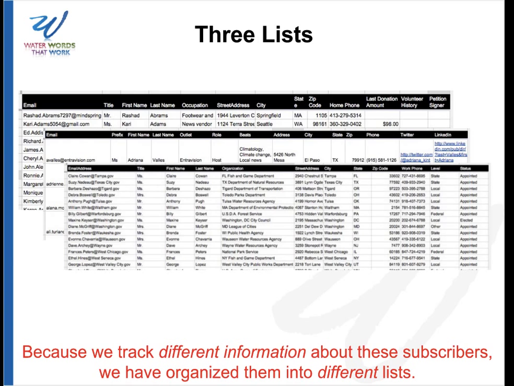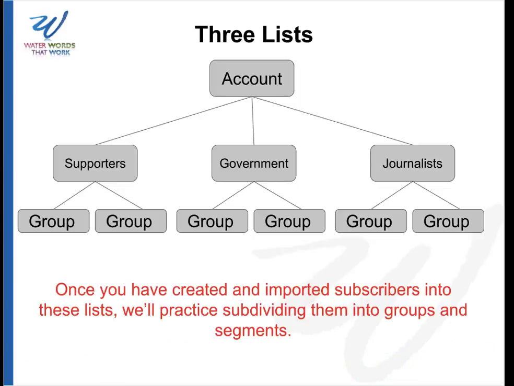We have different information that we are keeping track of for the different individuals, so that's 3 different lists. And once you've created and imported these lists, you're going to practice subdividing them into groups and segments based on things like where they are, what they do, if they have Twitter, if they have LinkedIn.